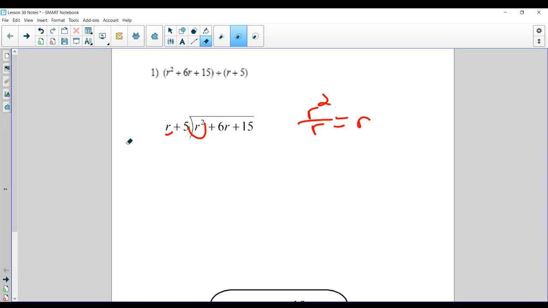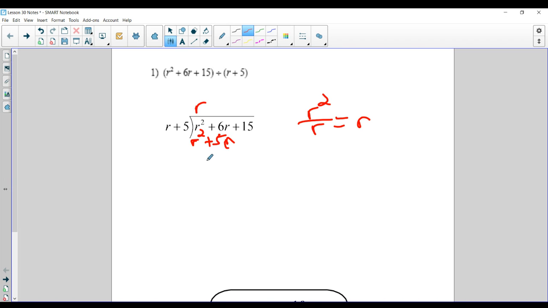So I would then write that up here. Now, just like when I did the long division before, I am going to take this term, multiply it to both of these, and write it underneath. So r times r is r squared. R times 5r is 5r.